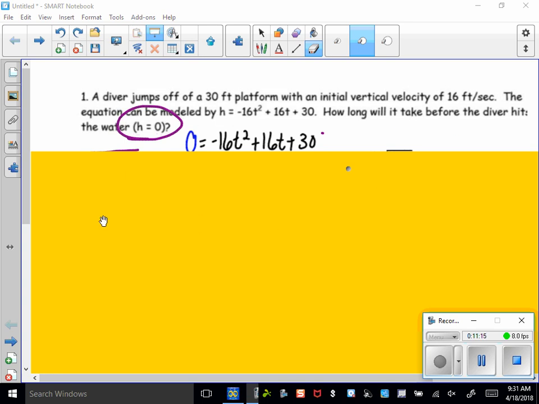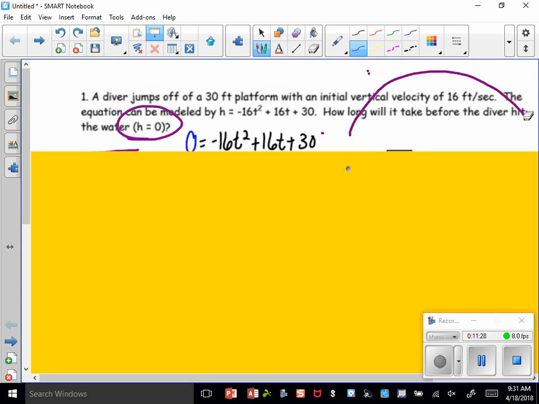Now, keep in mind, if you're diving off, you're going to follow the shape of a parabola, because you go up, and then at some point you go down into the water, right? So what they want you to see is that this acts like the x-intercept.